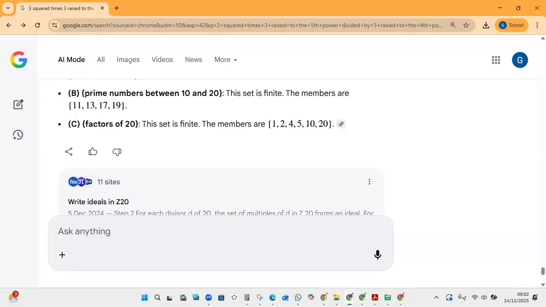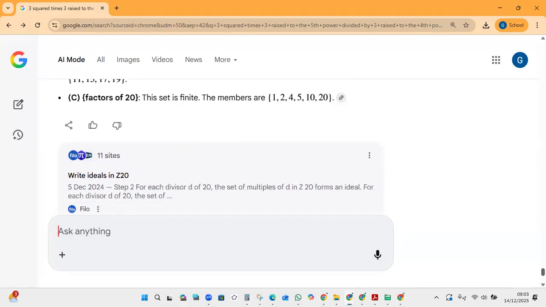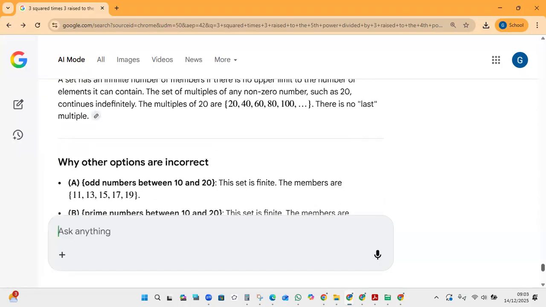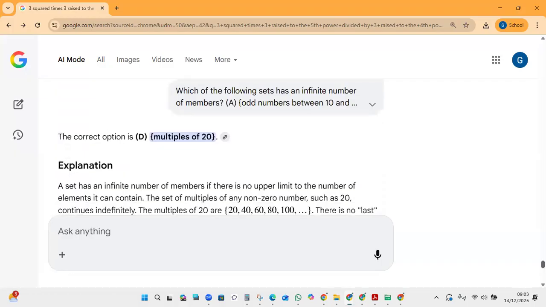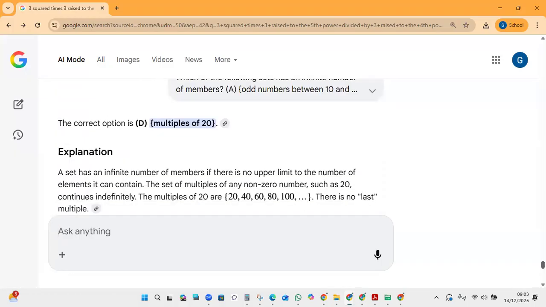So it's between 1 and itself. Factors of 20 are between 1 and itself. So again, this is another finite set. The members are 1, 2, 4, 5, 10, and 20. So the correct answer is multiples of 20, which is D.